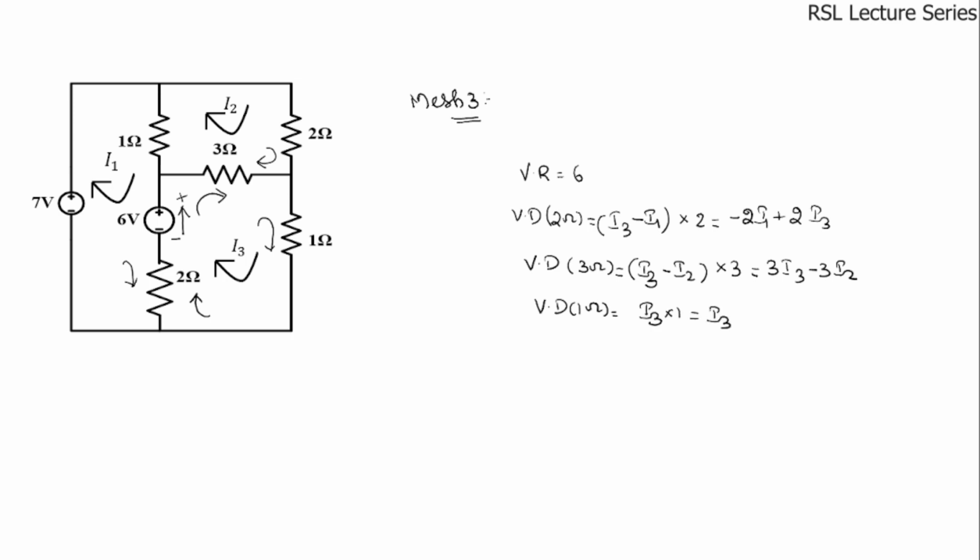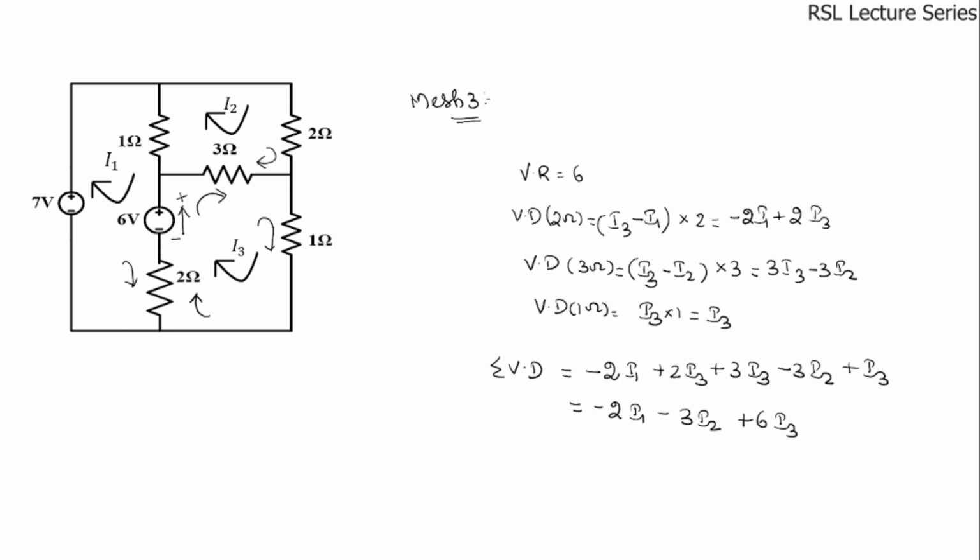Now we have to add all the voltage drops. The sum of the voltage drops is equal to minus 2I1 plus 2I3 plus 3I3 minus 3I2 plus I3. So this is equal to minus 2I1 minus 3I2 plus 6I3.